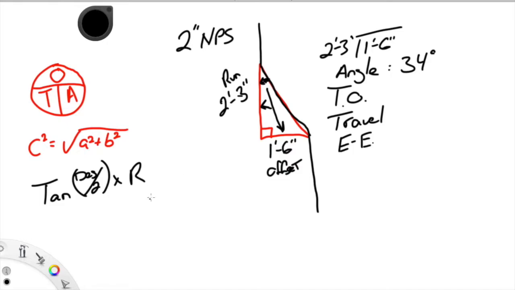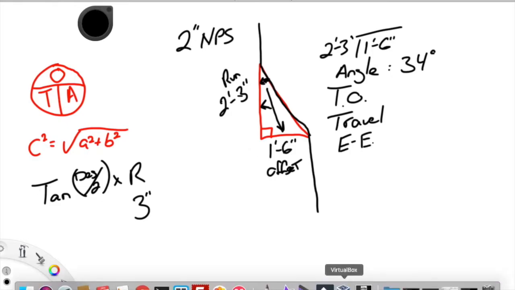Our radius is always 1.5 times our nominal pipe size, which makes it 3 inches. If our nominal pipe size was 4 inches, our radius would be 6. 4 times 1.5 is 6.